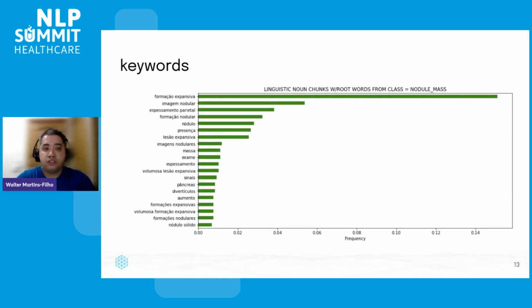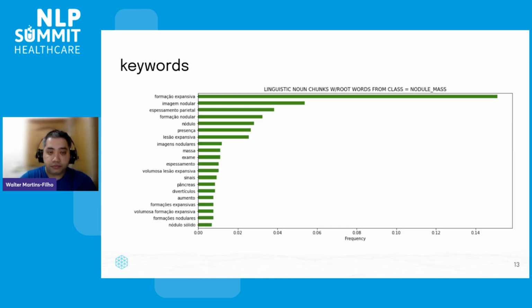When we think about these keywords, for example, for nodal mass, we have this specific formation or maybe mass, nodule, the exam, like increasing in the injury of the region, these little words that, again, are related to organ, to body part location, or maybe the symptom, are exactly giving us the frequency of this main idea of the sentence.